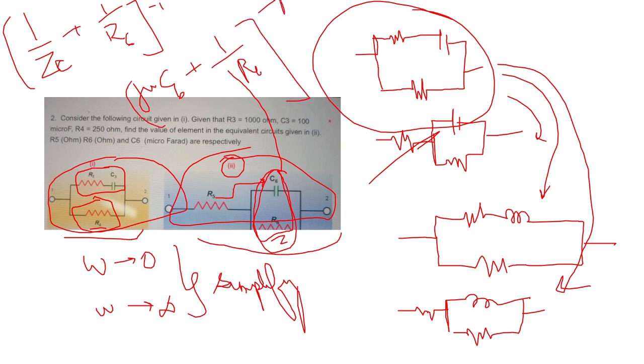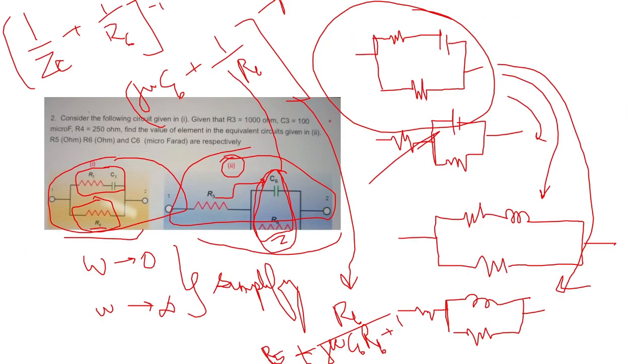When I solve it, I'll get R6 by j omega C6 R6 plus 1. So this is what I'll get, and plus R5 because it's in series with resistor 5.